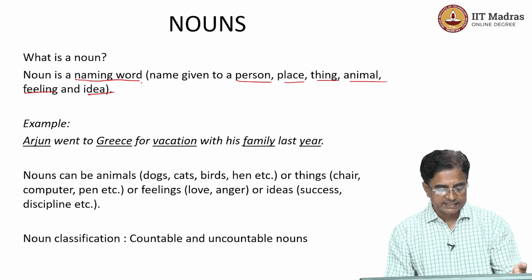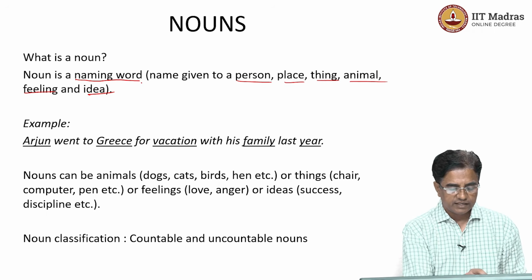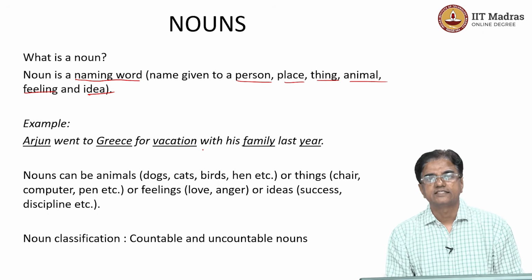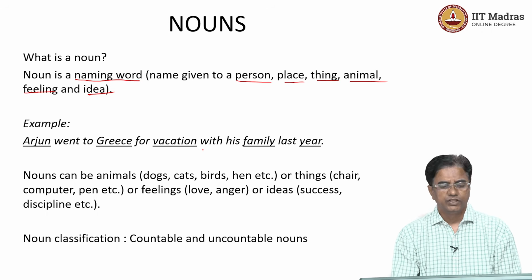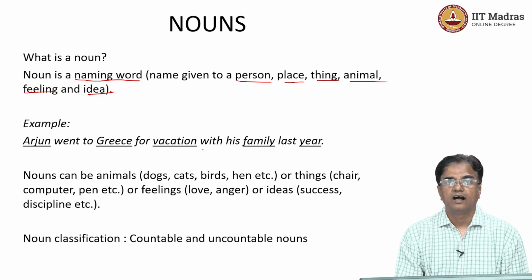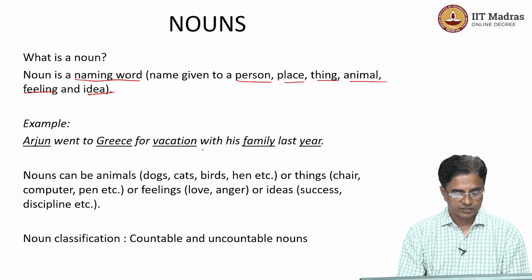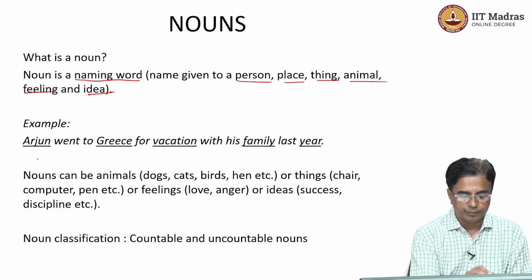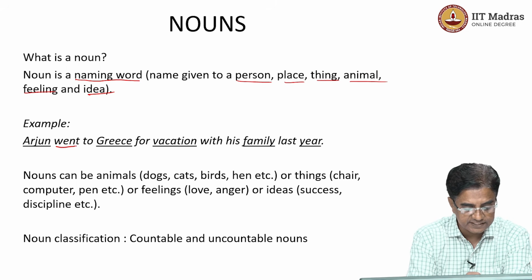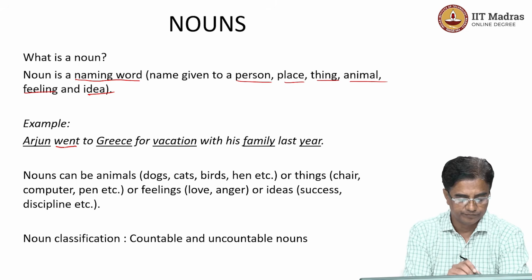So when we look at an example, look at this sentence. Arjun went to Greece for vacation with his family last year. So all the underlined words in this sentence are nouns. So Arjun is the name of a person. Went, remember, we just discussed, this is a verb.